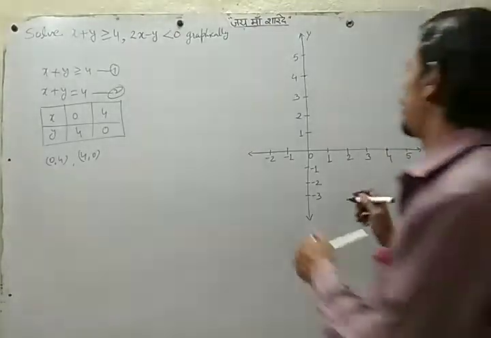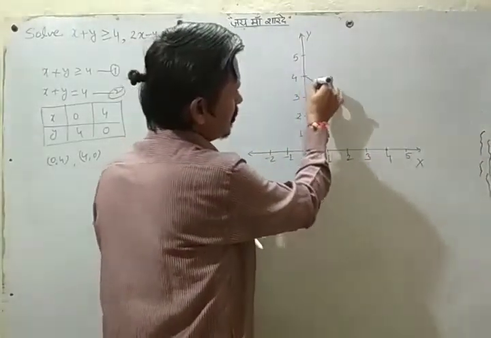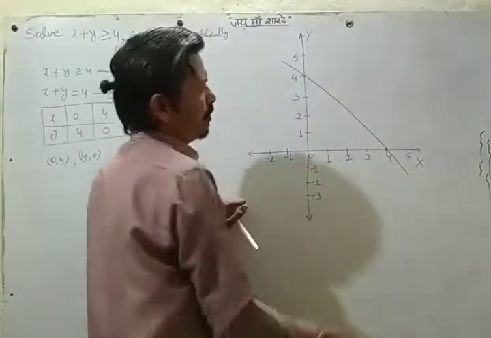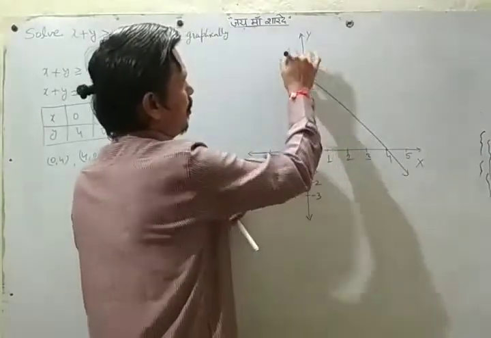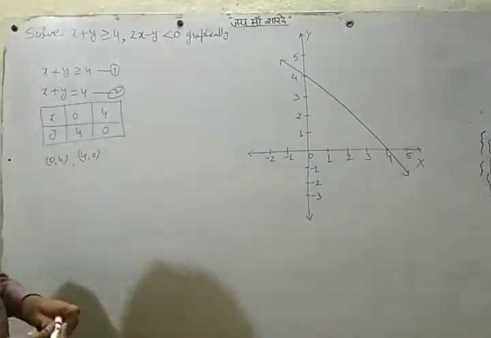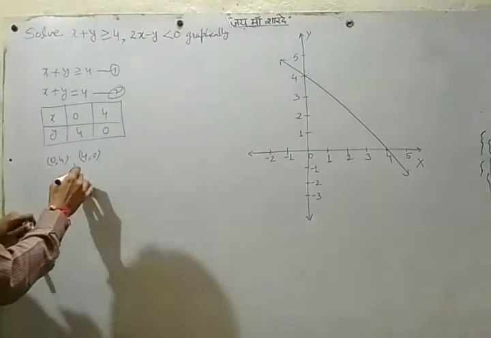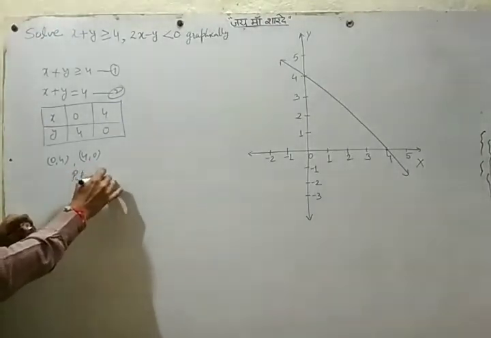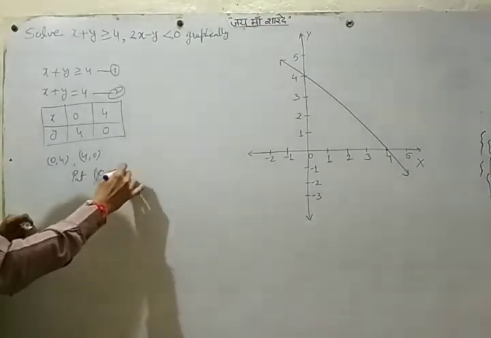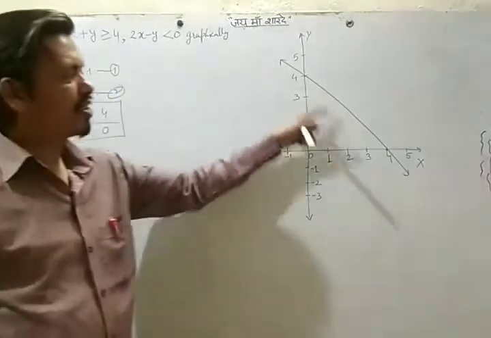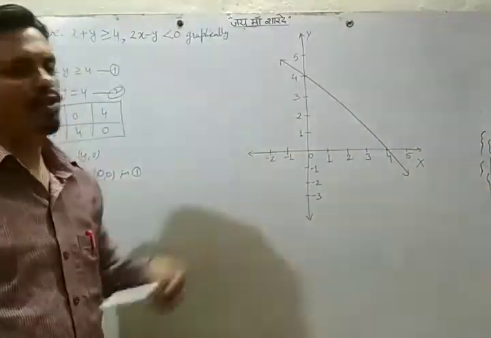So this is the graph of the first equation. Okay, now we put (0, 0) in equation 1, because the line is not passing through the origin, so we can take (0, 0).